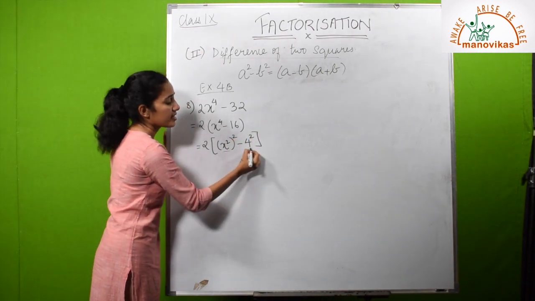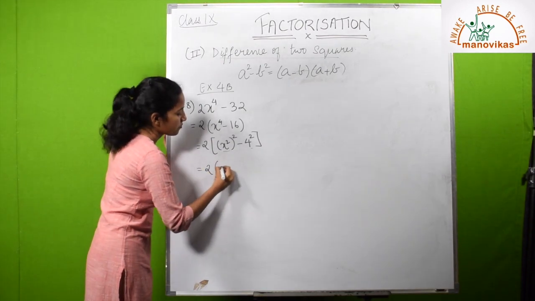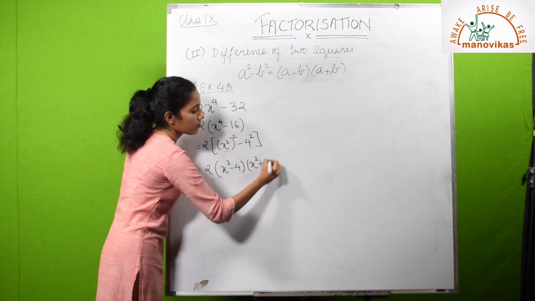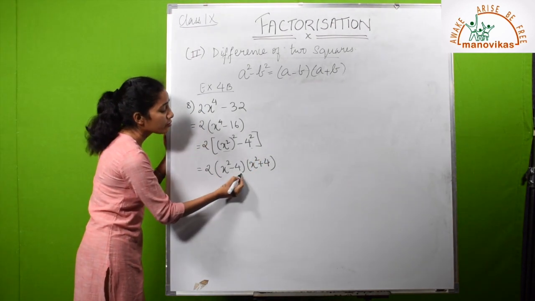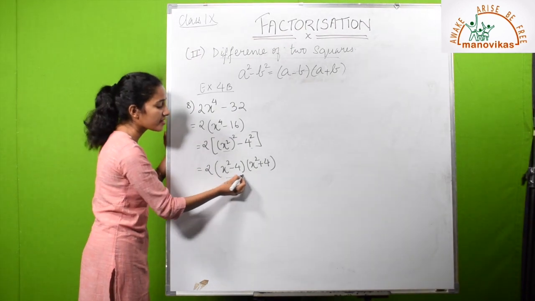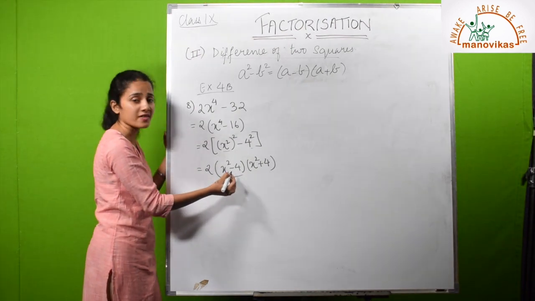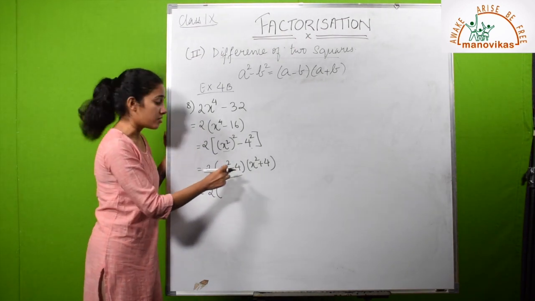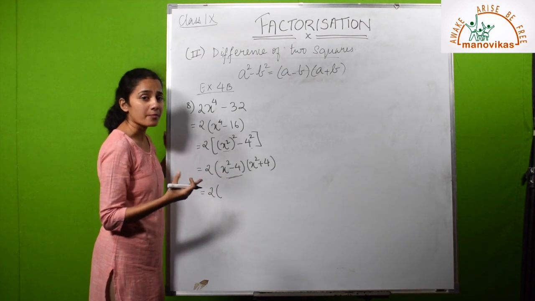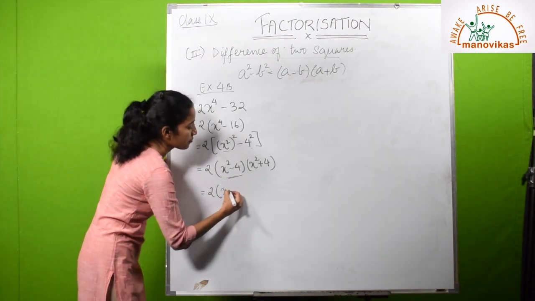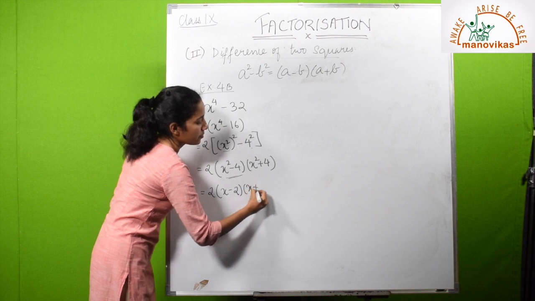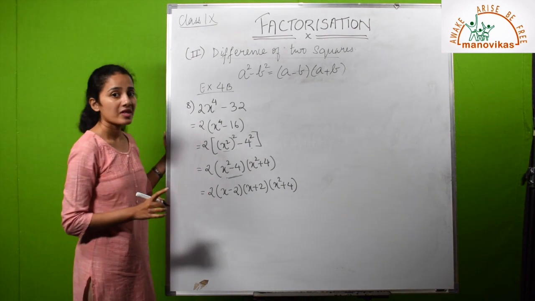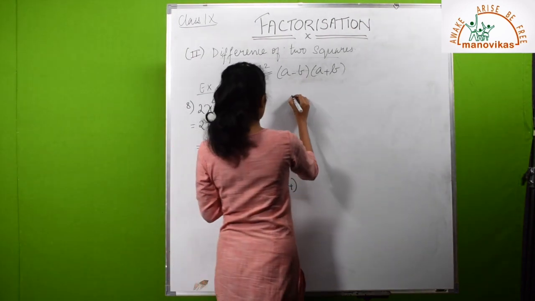Now this is a and this is b, so you can write it as x squared minus 4 and x squared plus 4. Note that you can use the identity again only when there is a difference, that is when there is a negative sign here. So that will be 2 times, 4 can be written as the square of a natural number, so I can write it as x minus 2 and x plus 2, and x squared plus 4 will remain the same.